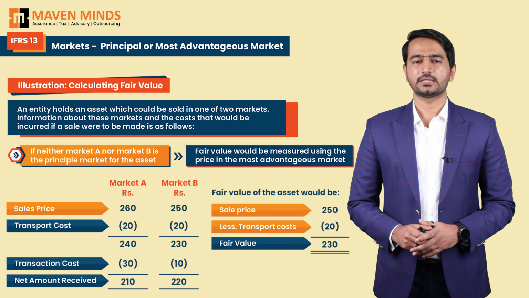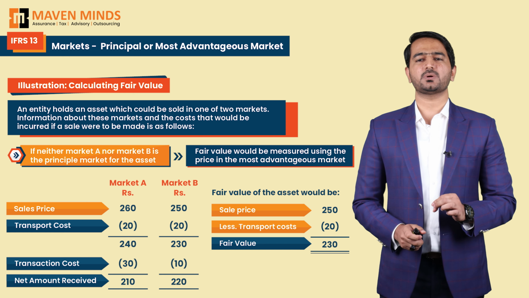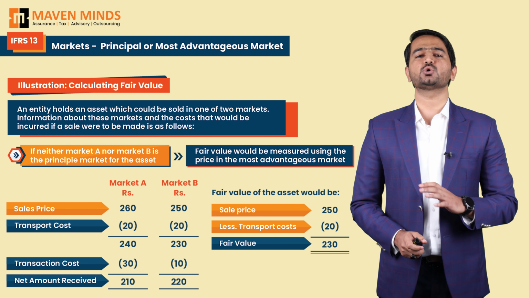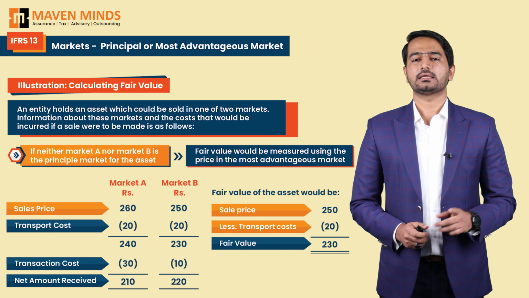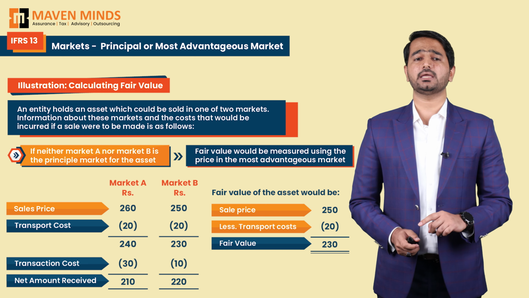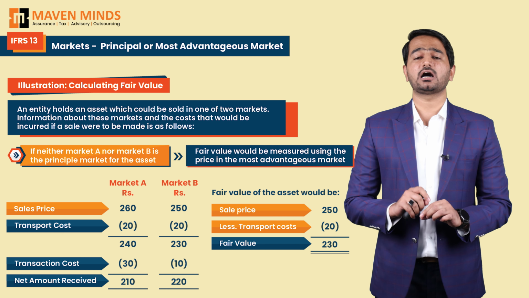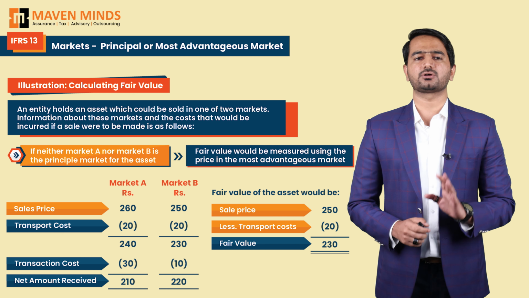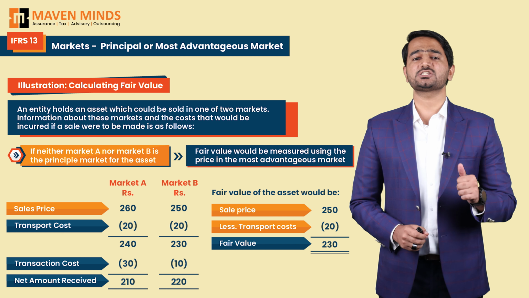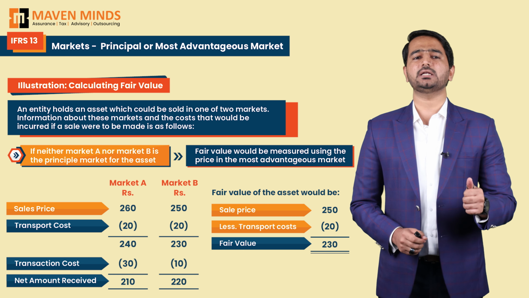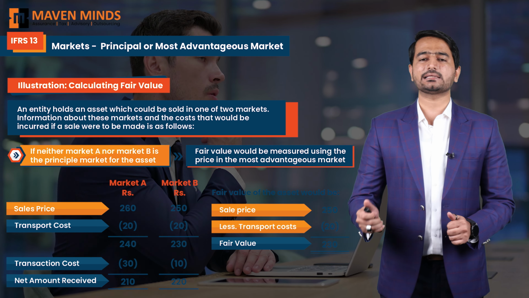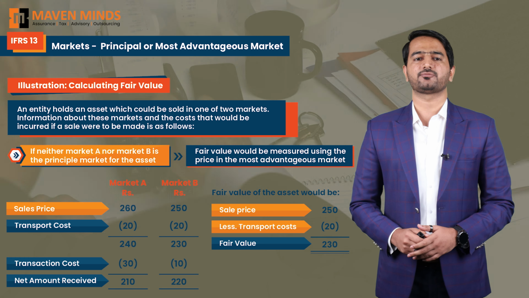In summary, the most advantageous market is used when there is no clear principal market, and it is determined by comparing the net proceeds after considering all relevant costs. But always be mindful of the difference between determining the market and calculating the fair value itself.